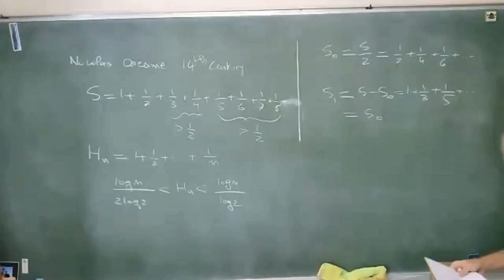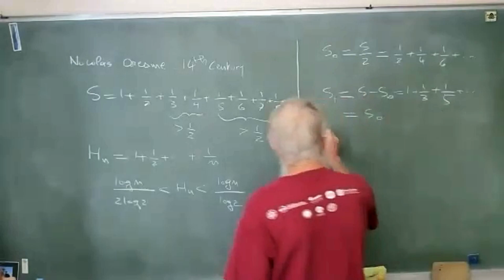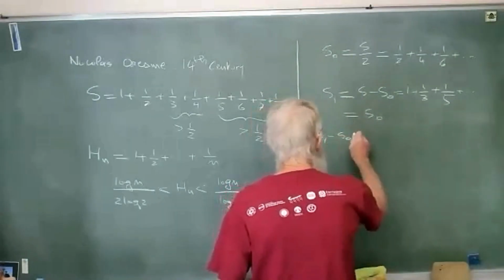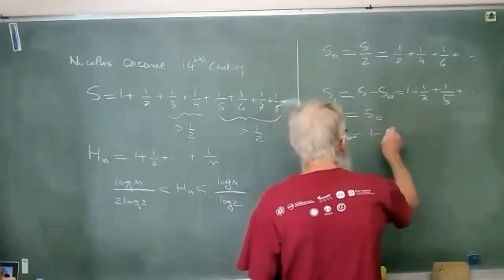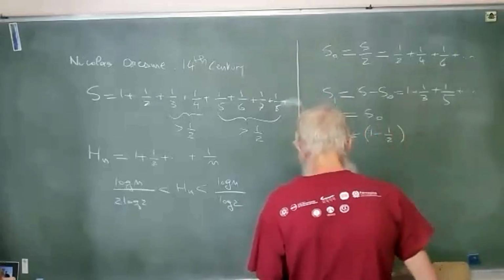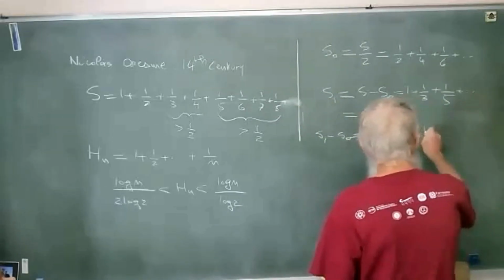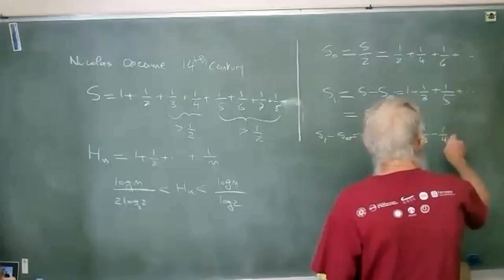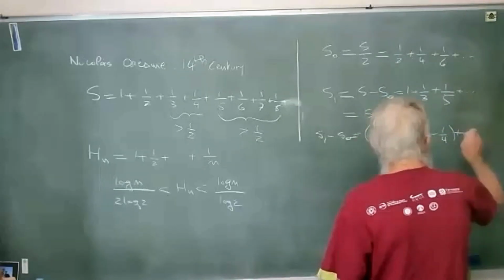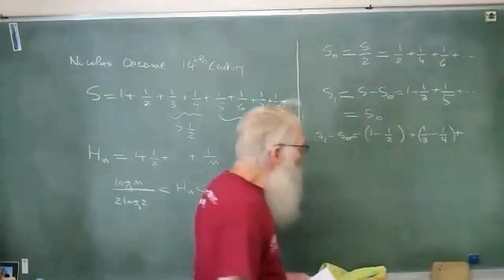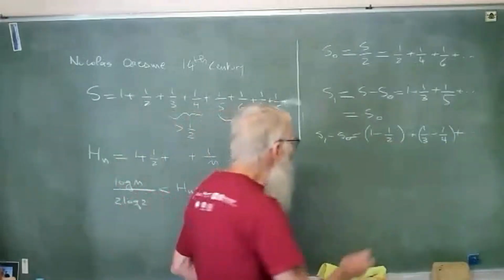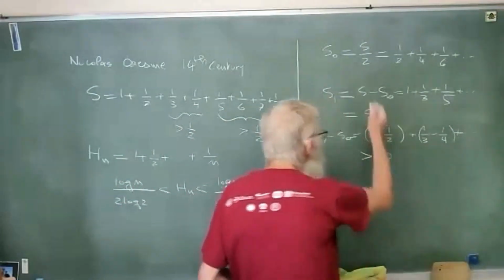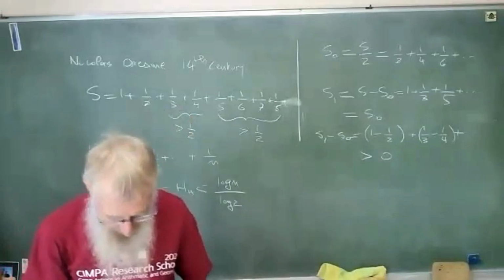But if you take S1 minus S0, you get 1 minus 1/2 plus 1/3 minus 1/4 plus and so on. And you have an infinite sum of positive numbers. So this is greater than 0. So this is a contradiction with what was done before.